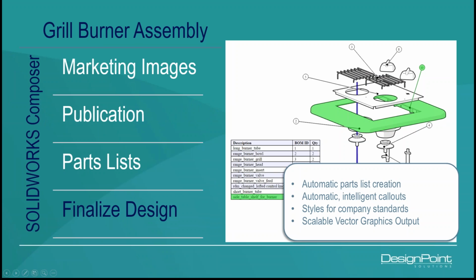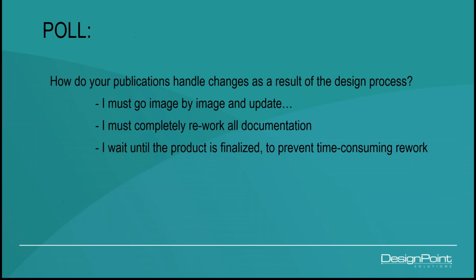All right, so just one more thing we're going to touch on quickly, and I've got one more poll for you as well. Everyone, again, thanks for sticking with us. Obviously, there's so much that we could go over in Composer, just in one or two things that it does. And it does a lot more.